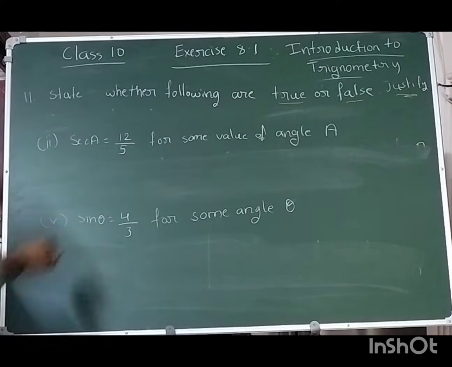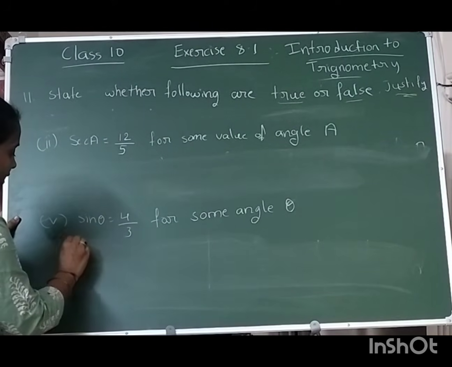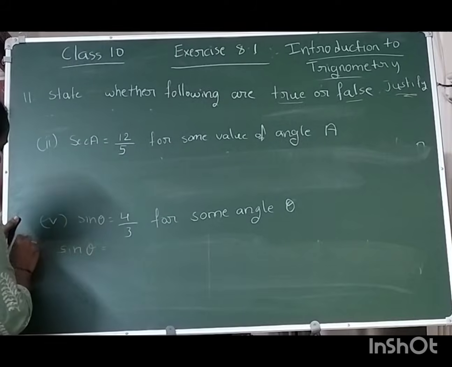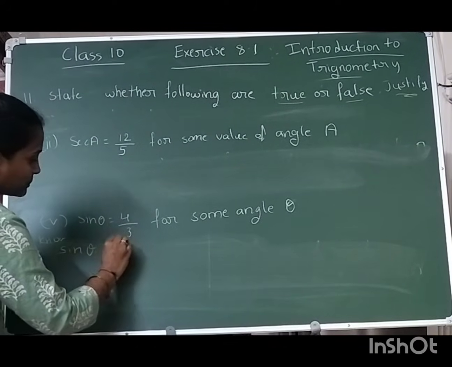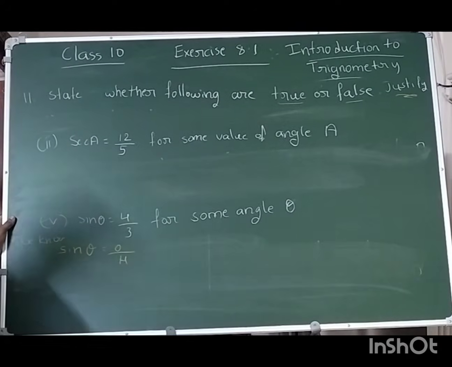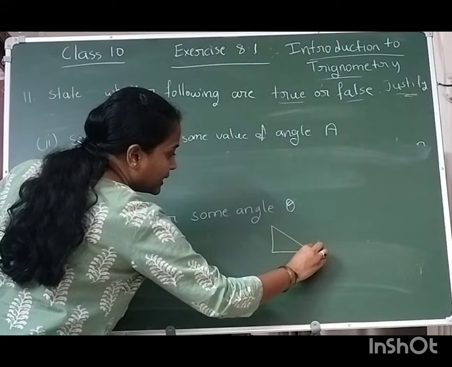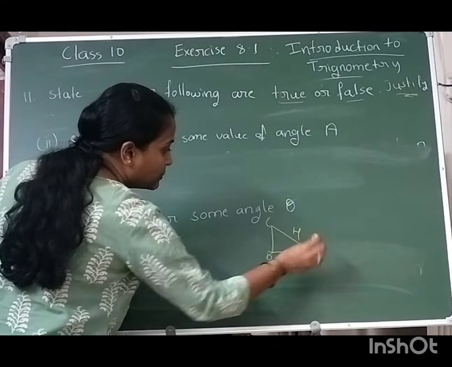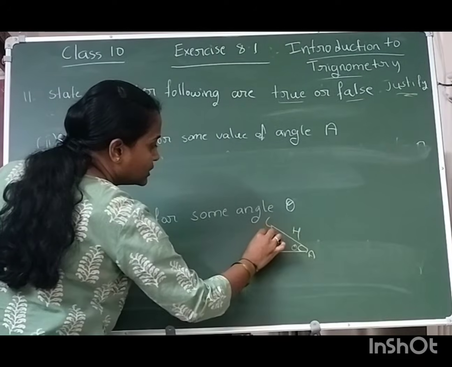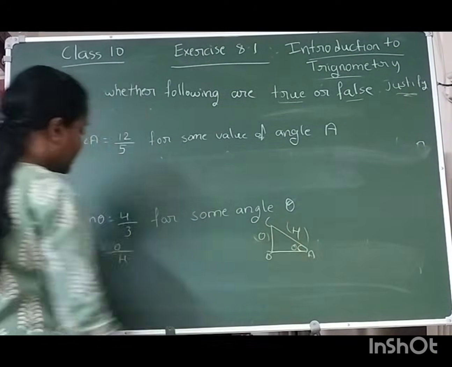So next one is: sin theta is 4 by 3 for some angle theta. Let's write that sin theta is opposite by hypotenuse, and with a triangle ABC with the angle theta, AC will become hypotenuse and BC will become opposite.